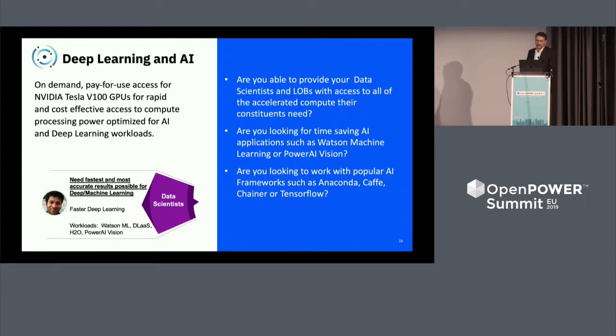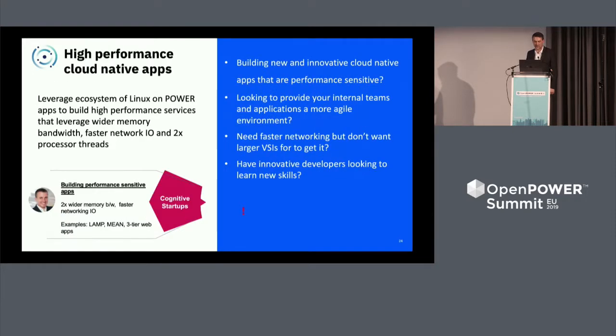And so these are some use cases that they're going through on the slides. So this is one. Here's another one. Building performance sensitive applications, because you've got that wider memory performance. This is going to help with startup costs.